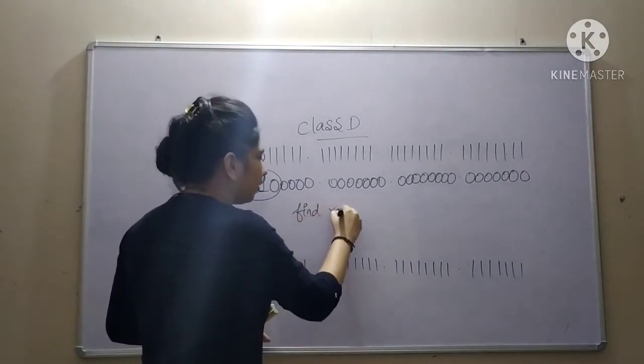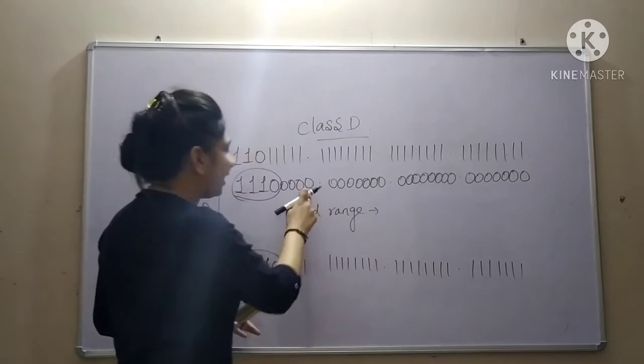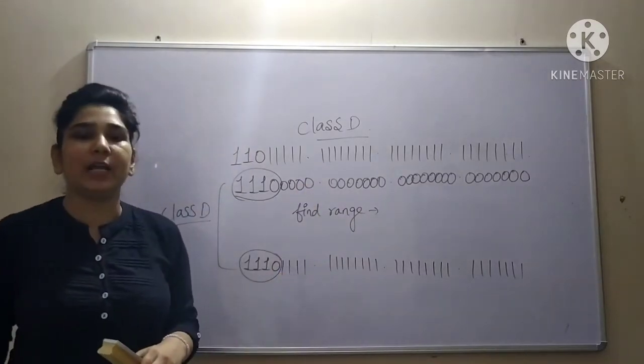You find the range of the first octet of the starting IP address and of the ending IP address.